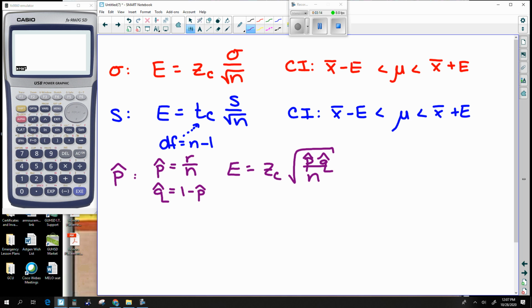And then the confidence interval that you're establishing is you take the sample P hat minus E. And this is predicting P, not mu, the actual probability, to P hat plus E. All right, so there's that involved right now.